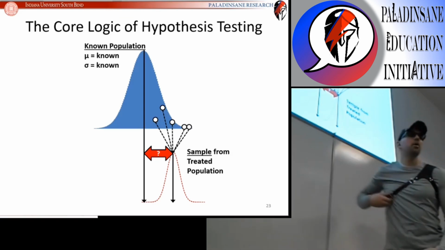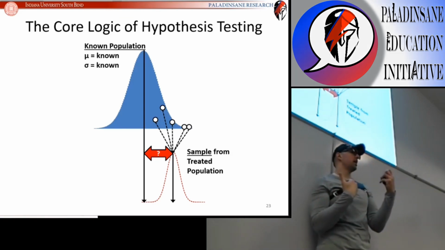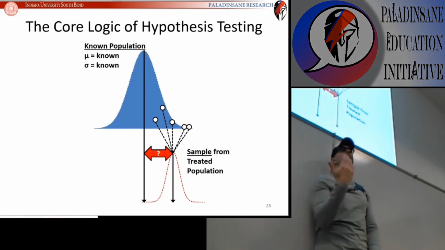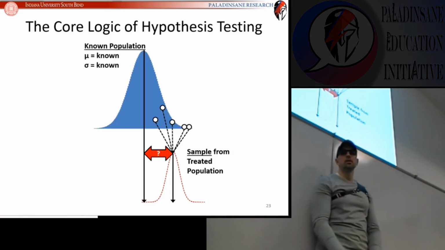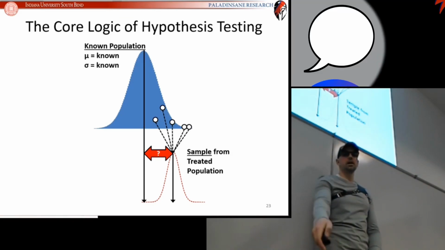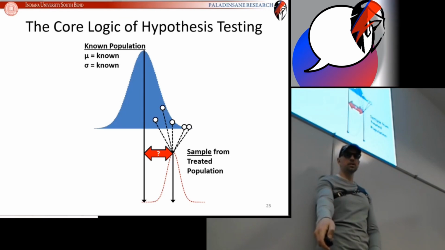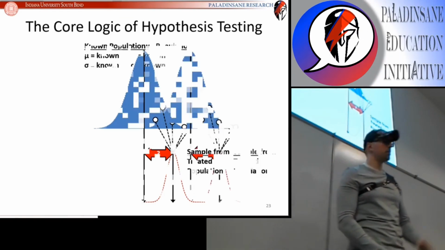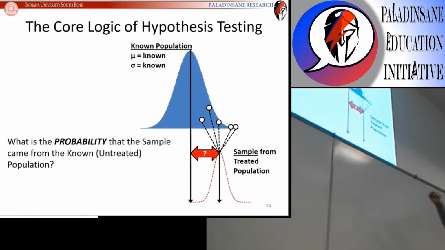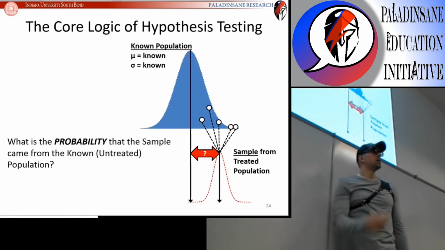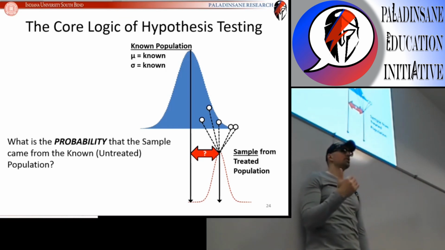And depending upon how likely or unlikely your sample is to come from the population, that's how we make our decision. So we were talking about likely and unlikely. So what is it that we're doing about this? What we do is we use this difference here to figure out the probability that this sample came from that population. And it's important to remember that there's always a chance, right?